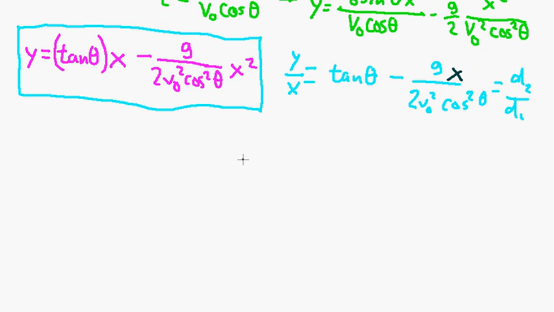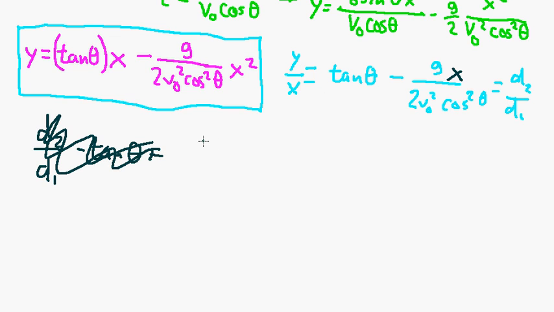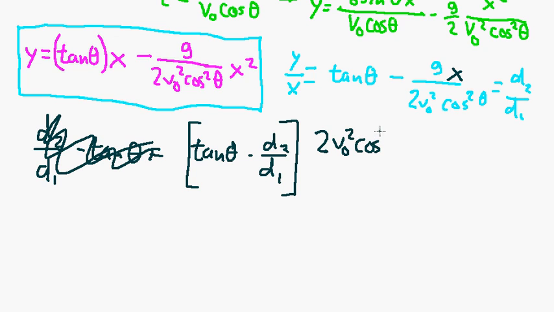So you get tan theta minus d2 over d1, times 2 v naught squared cosine squared theta over g, equals x. So there you go.